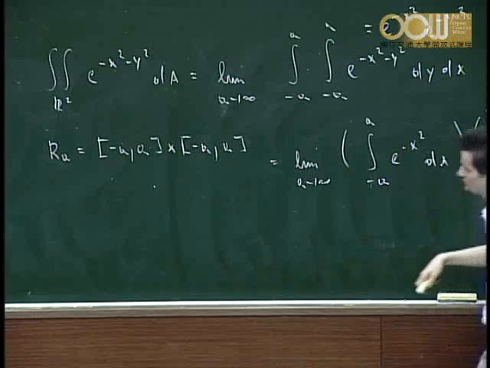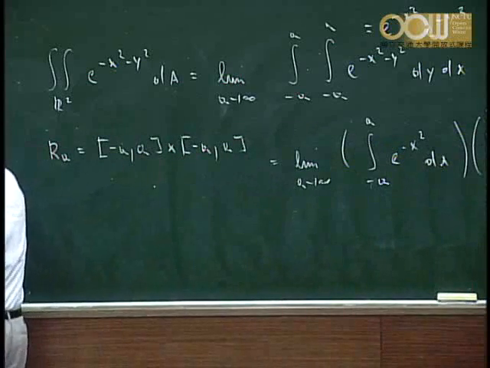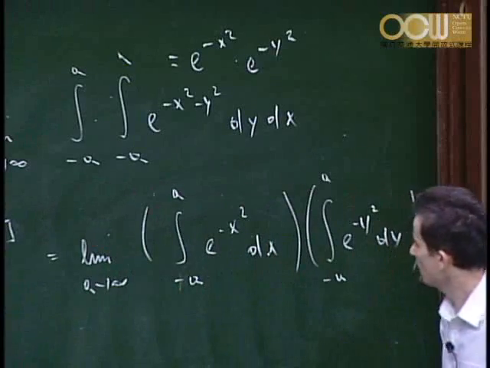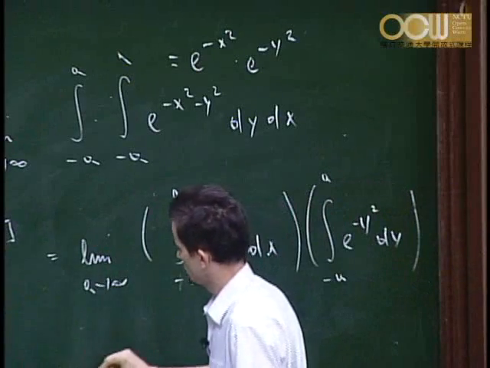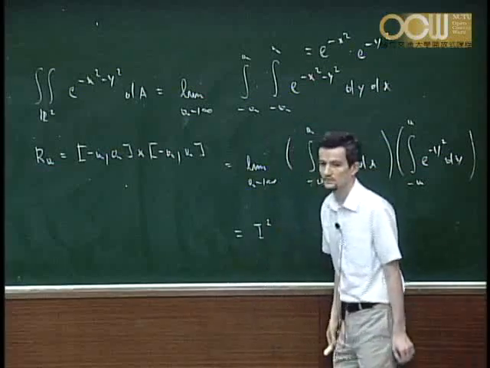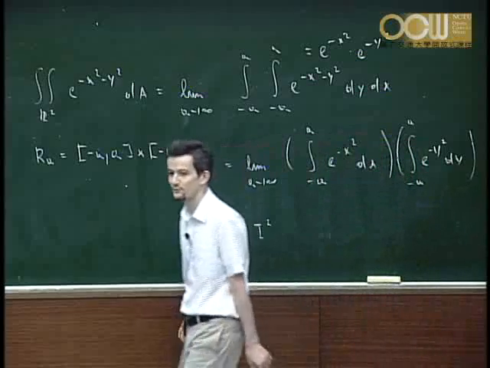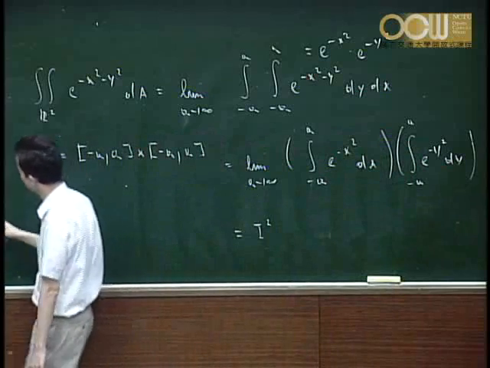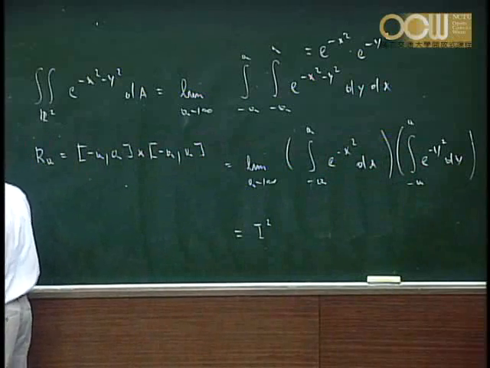Let's say I denote this value with I. So if a tends to infinity, what I get here is I squared. This was not helpful in computing the integral, because I cannot compute I squared, but at least I know this integral must be equal to I squared.